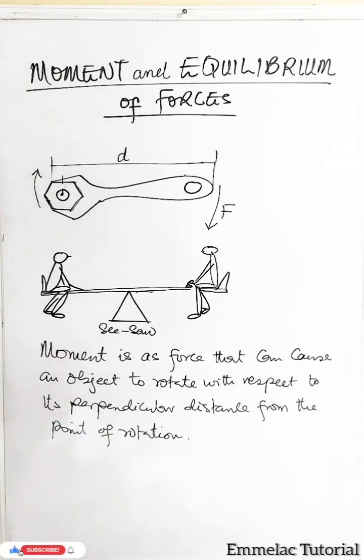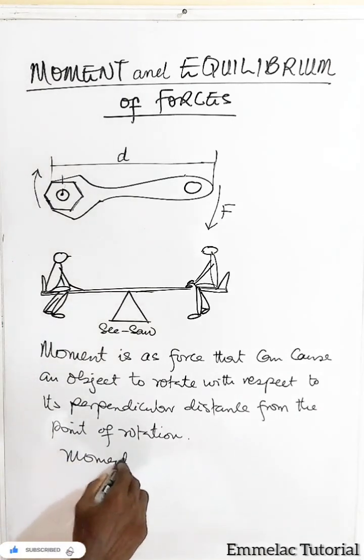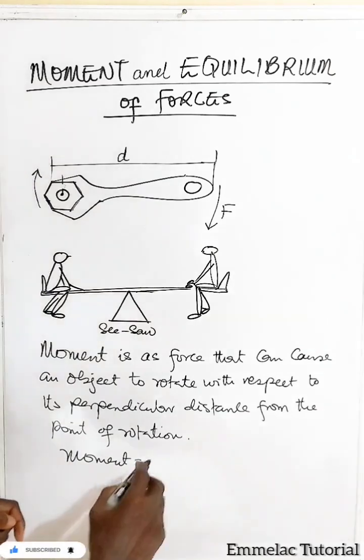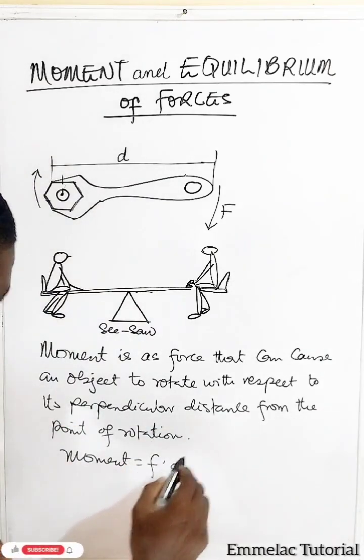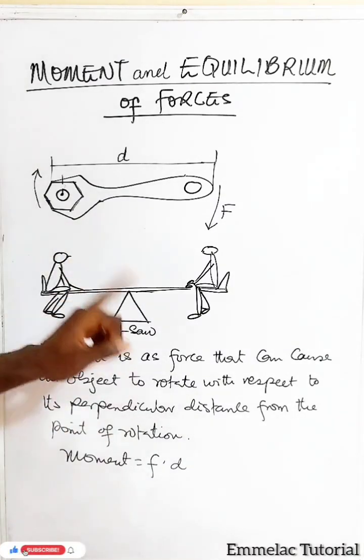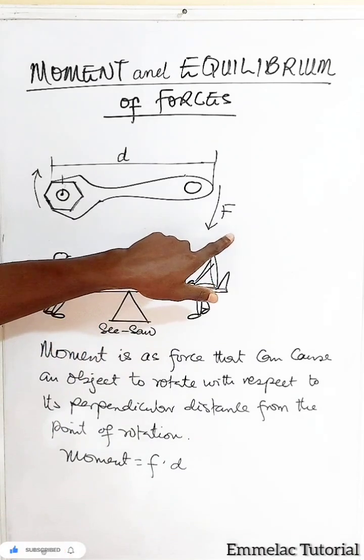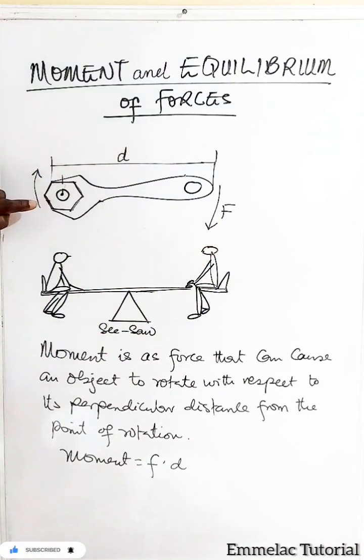We can also say that moment is the product of force and the perpendicular distance from the point. Here, the force multiplied by the distance causes this nut to rotate.